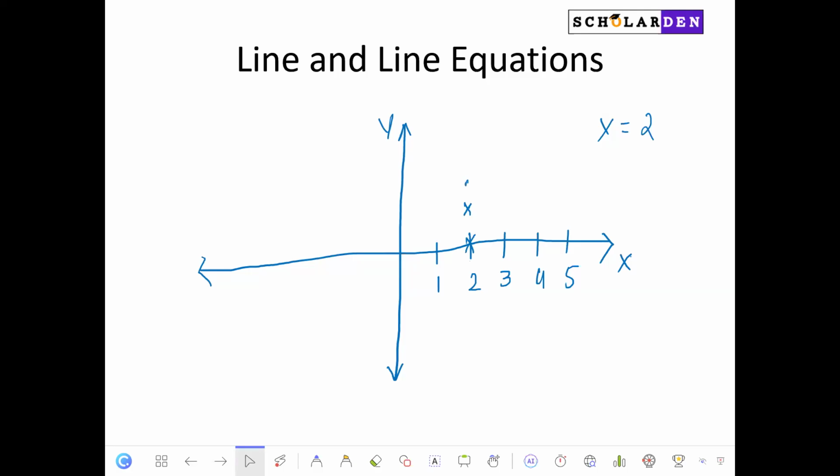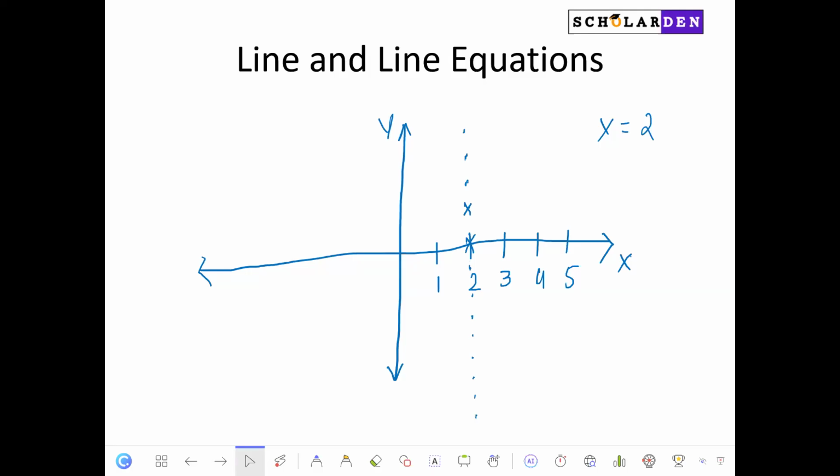This point is also x is equal to 2, and this is also x equals 2. So if we start going upward along this point, all of these values are x is equal to 2. The same is the case if we start moving downwards. This value is also x is equal to 2 because it is in line with the x coordinate 2. All of these points lie along x is equal to 2.